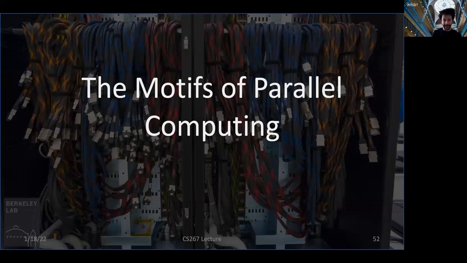But there's things that help us, which is we can look at a big class of applications and figure out what is common across them. And that's really important, because otherwise you'll have to start from scratch for every single application and try to rewrite everything and learn the same things that your colleagues already learned about how to map that class of applications to supercomputers.